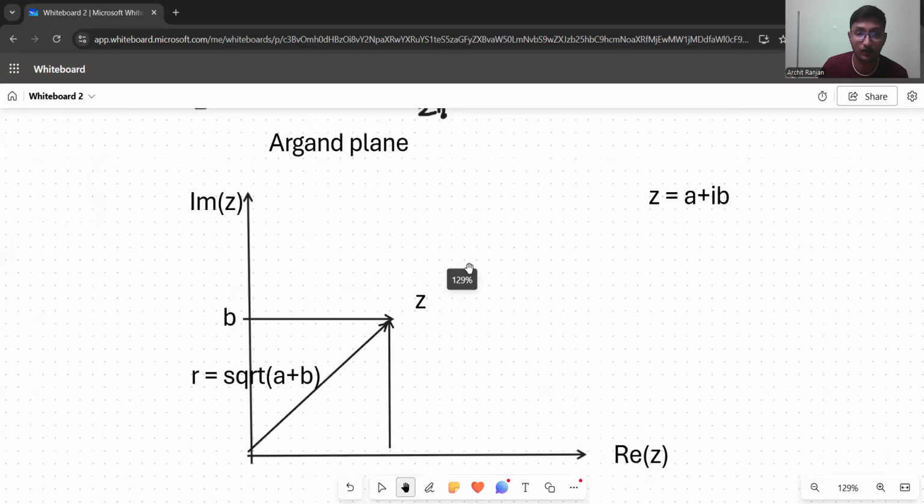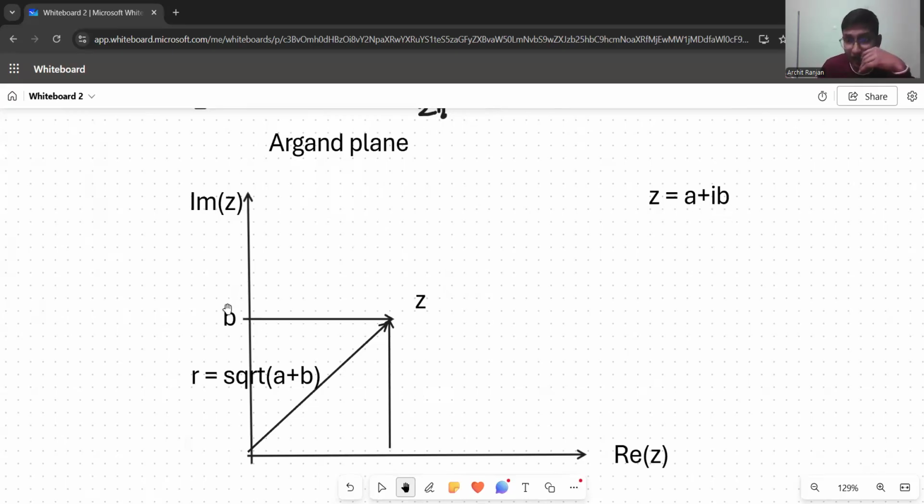Just let me zoom out a bit. So this is the Argand plane. At first glance, you can see that it is not very complex, a simple 2D plane which plots the real part and the imaginary part of a complex number. The things that vary for a complex number are a and b.